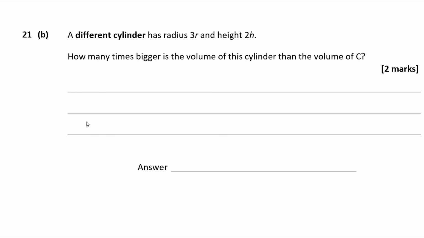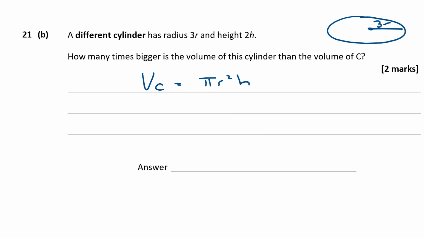21b, a different cylinder has radius of 3r and height of 2h. How many times bigger is the volume of this cylinder than the volume of C? Okay, so remember the volume of C was pi r squared h. Now this one has a radius of 3r and a height of 2h.